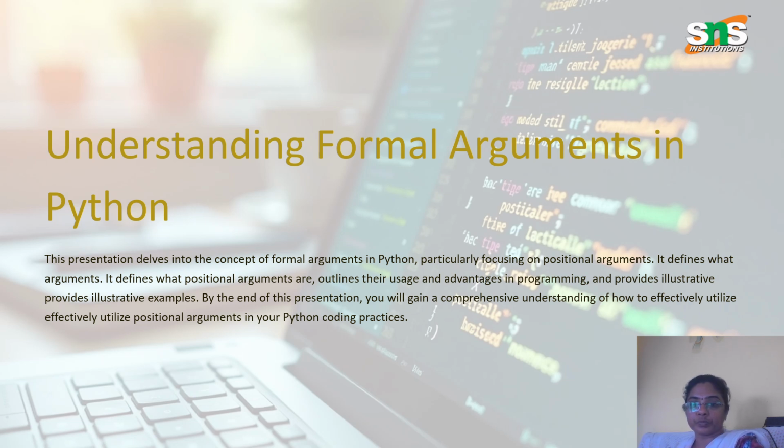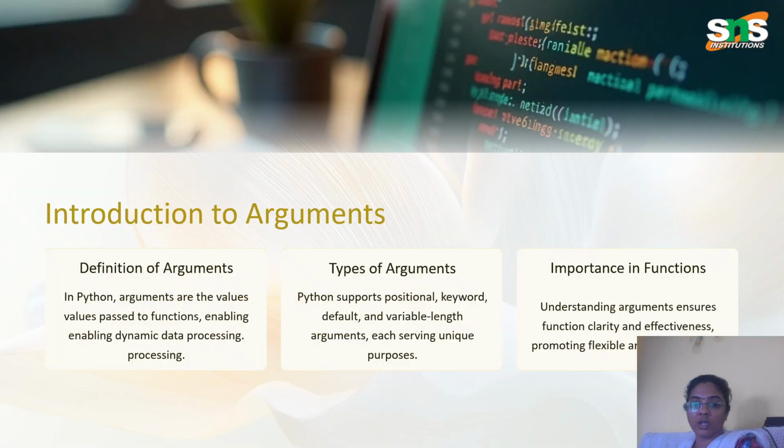So the formal arguments are the positional arguments. So in what position, to which value we need to give to that particular function, that defines the formal arguments. And then we can have the argument values passed to the function, either dynamic data or constant data.